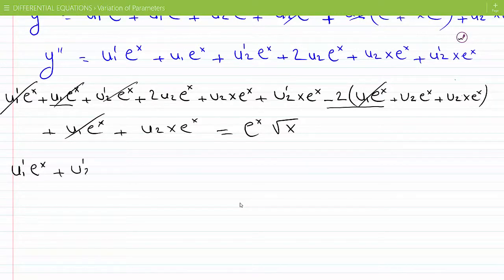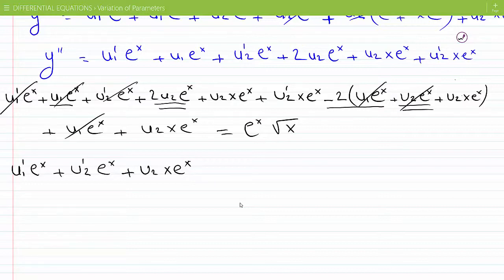Put it here, u prime 2 e to the x, and then we have 2u2 e to the x and negative 2u2 e to the x, so those two go away. Then we have u2 x e to the x, and another u2 x e to the x, so u prime 2 x e to the x.